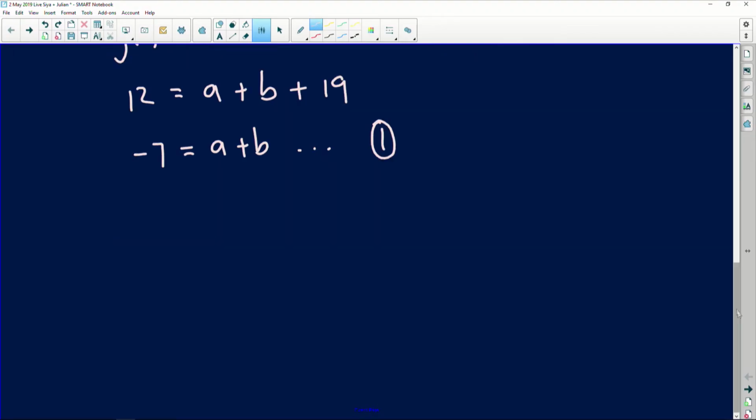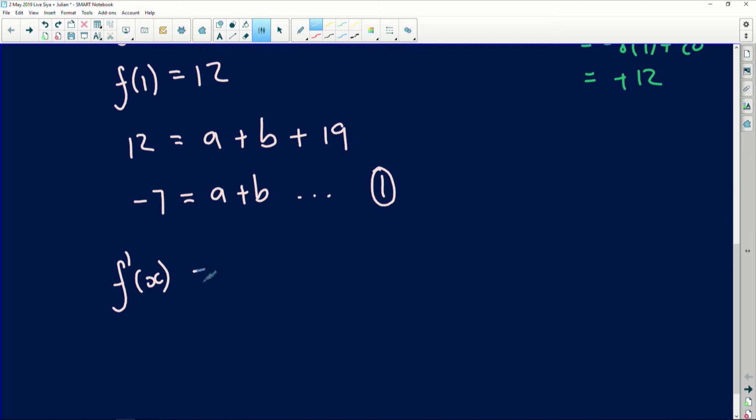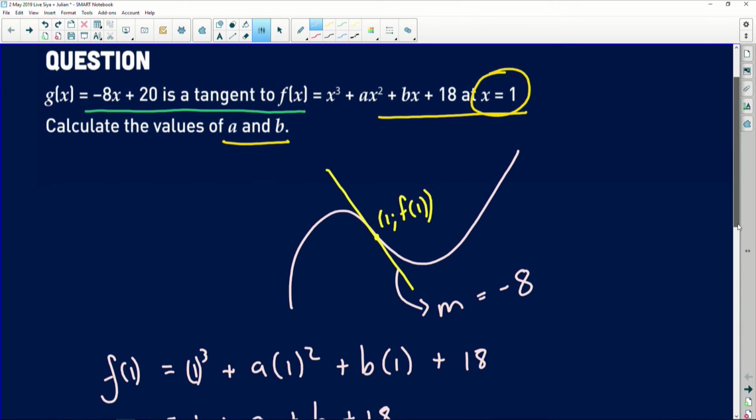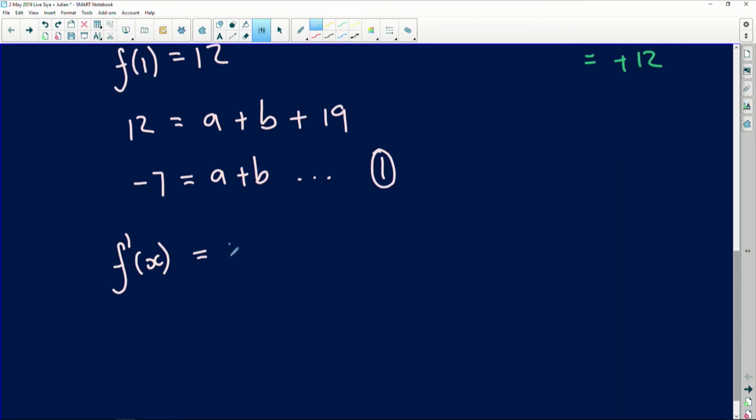So if we find f prime of x, have a look at what my f of x was: x cubed plus ax squared. We're going to get 3x squared plus 2ax plus b.